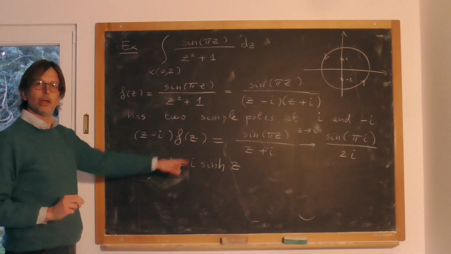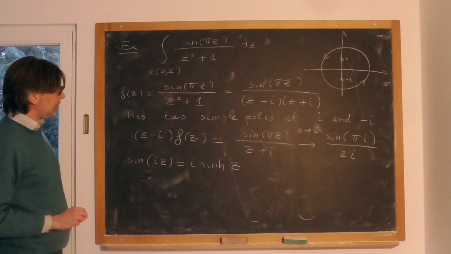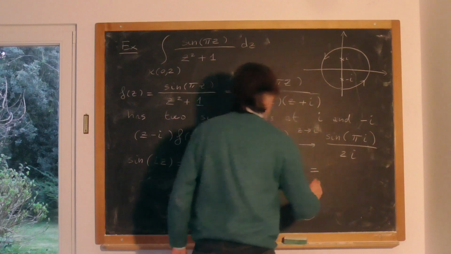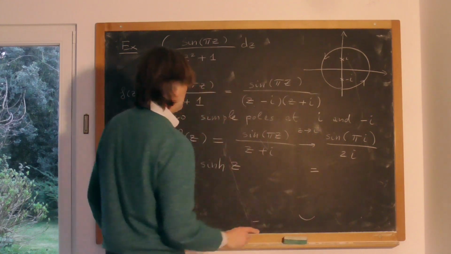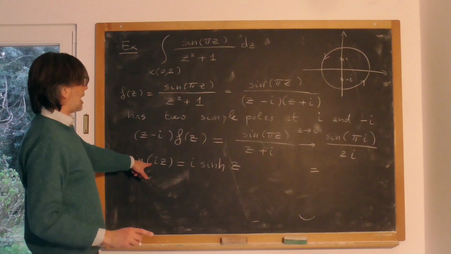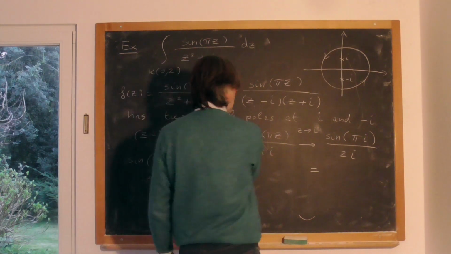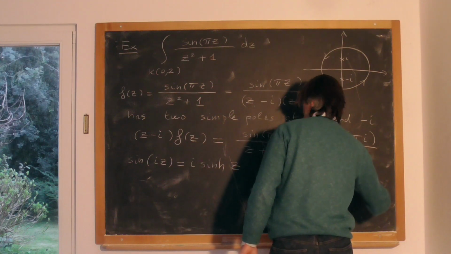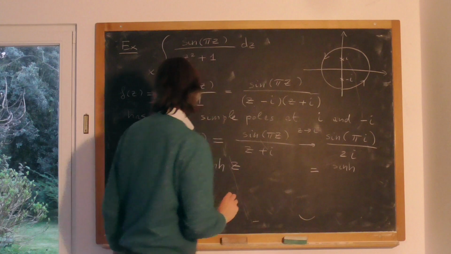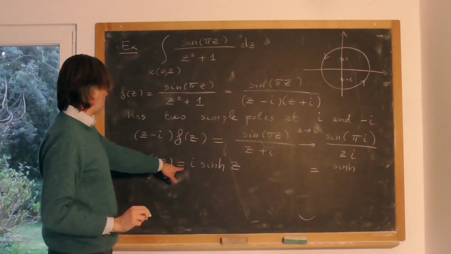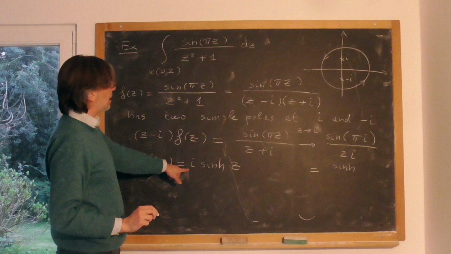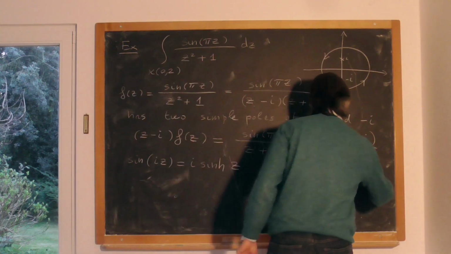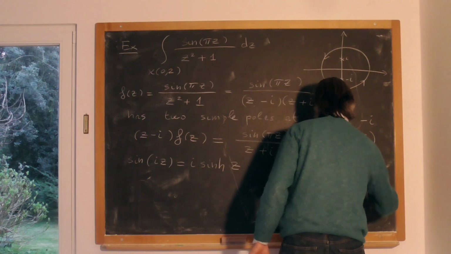You can check the validity of this formula. So if we use this, sine of i pi divided by 2i is i sinh(pi), so with the i in front it is sinh of pi divided by 2.